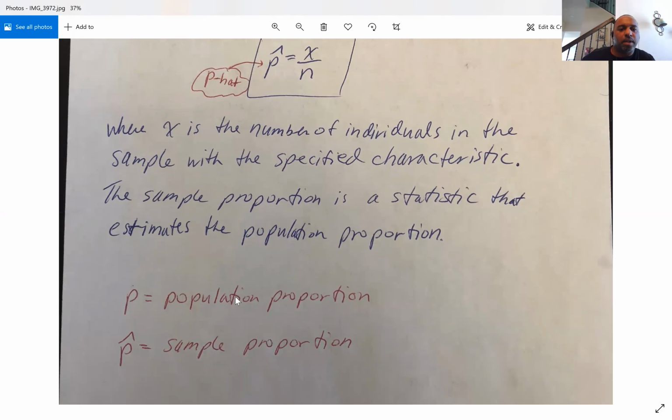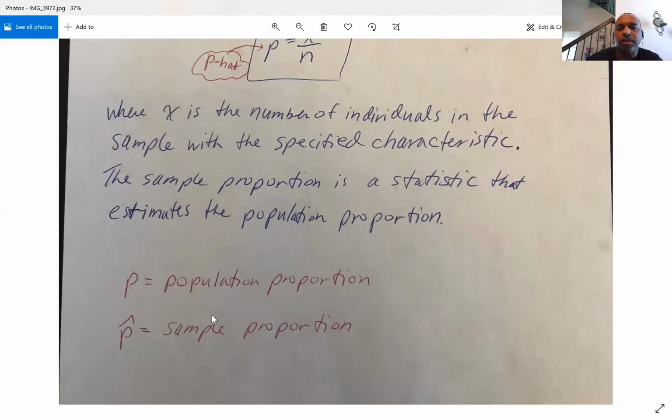Down here, just establishing our symbolism. Population proportion is always P for us, but then p hat is our sample proportion. That's it for that page.